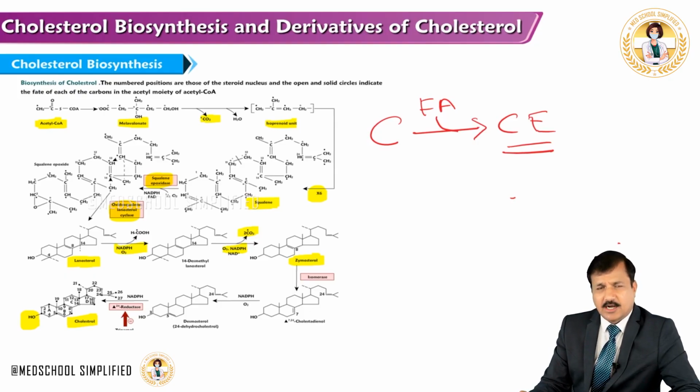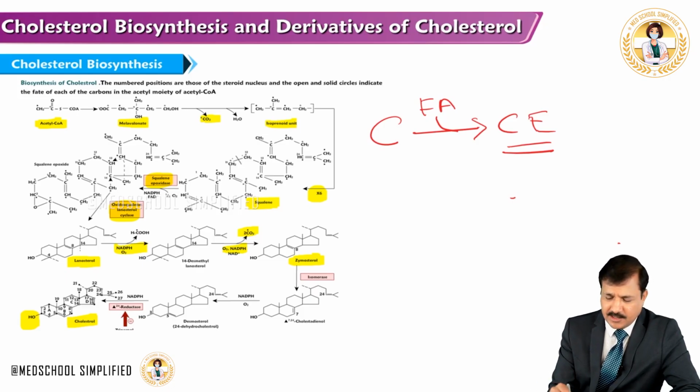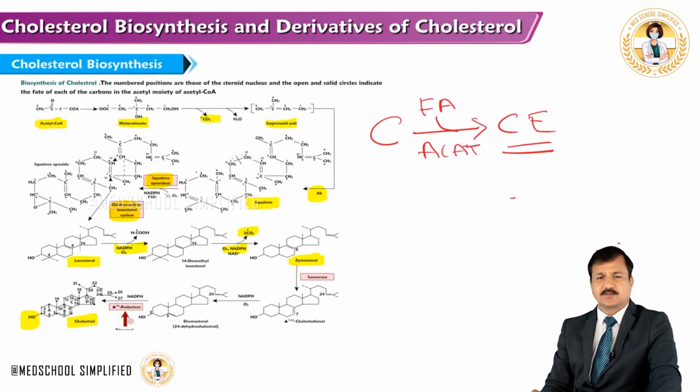Now, cholesterol is attached to a fatty acid to make cholesterol ester. The type of fatty acid attached to the cholesterol is most of the time linoleic acid, which is an essential fatty acid. Okay, and the esterification of cholesterol into cholesterol ester is done by an enzyme called ACAT, that is acyl-CoA cholesterol acyl transferase, which is there in the endoplasmic reticulum.